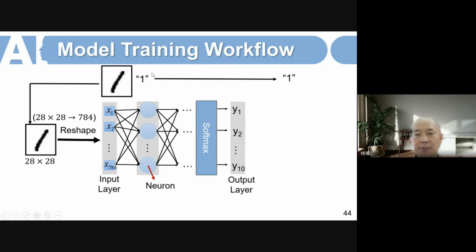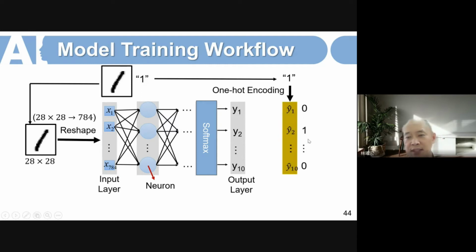The label is an integer, so you need to use one-hot encoding to transform it into a code containing 10 floats representing the probabilities. Then use cross entropy as the loss.